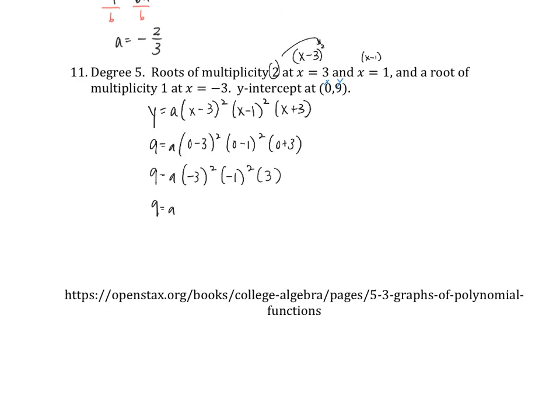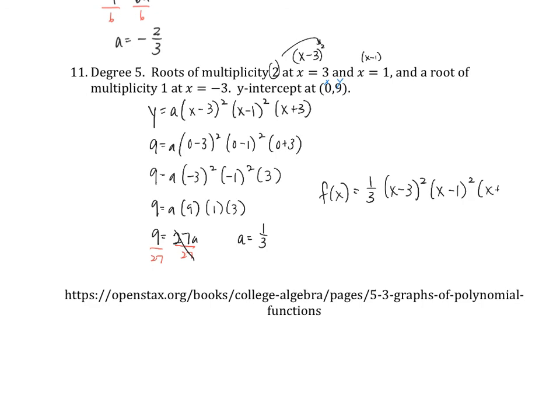So negative 3 squared is 9. Negative 1 squared is 1 times 3. So that's going to be 27. So divide by 27. So a is equal to, when you reduce, you'll get 1/3. So our function is 1/3 times x minus 3 squared, x minus 1 squared, x plus 3.